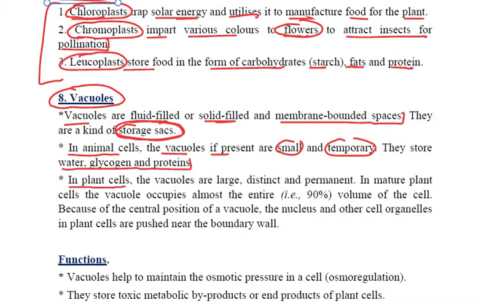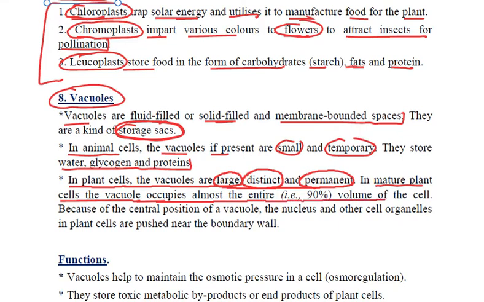Talking about plant cells, the vacuoles are large, they are distinct and they are permanent. If we talk about mature plant cells, then the vacuole occupies almost the entire volume of the cell to the extent of 90%. And because of the central position of a vacuole, the nucleus and the other cell organelles in plant cells are pushed near to the boundary wall.